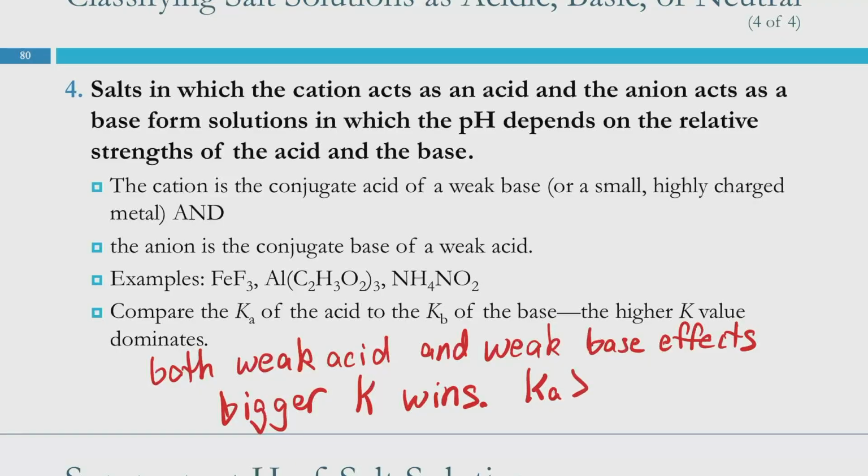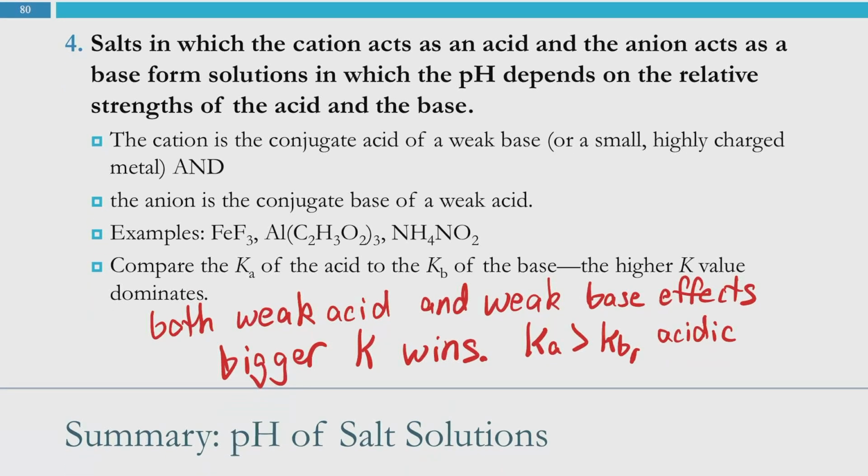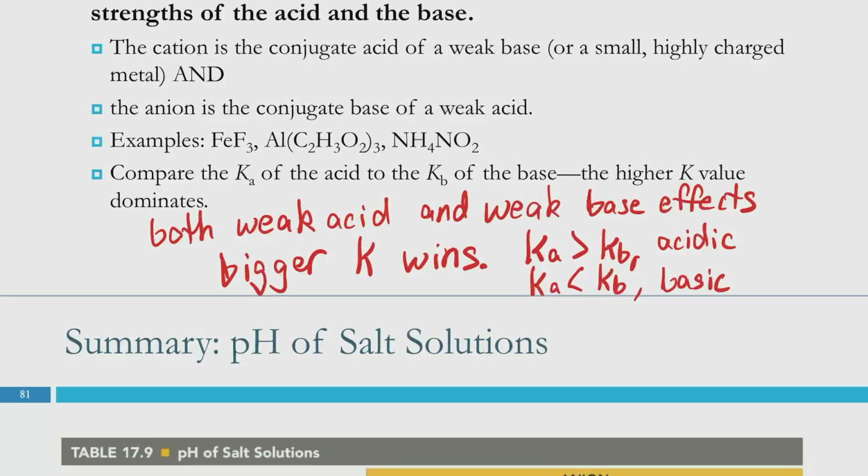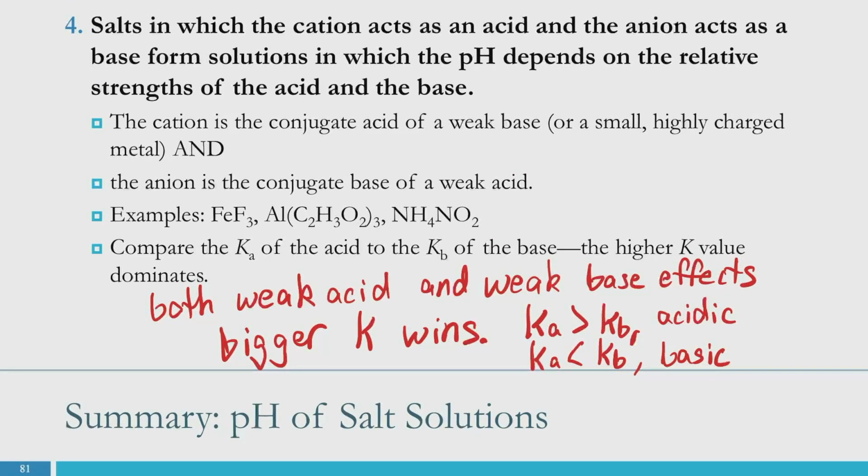So if our Ka is bigger than our Kb, that's going to be acidic. If our Kb is bigger than our Ka, then it'll be basic. Questions?